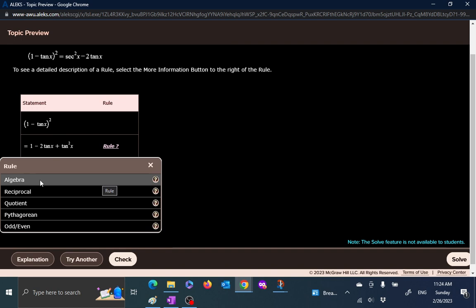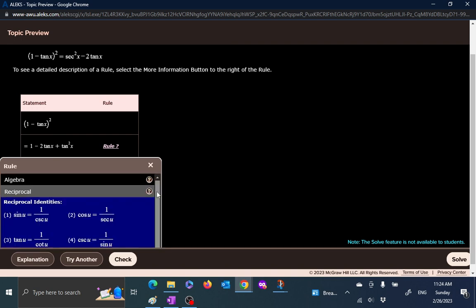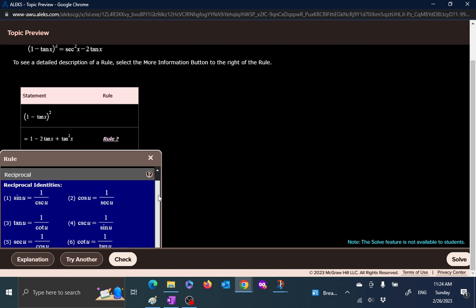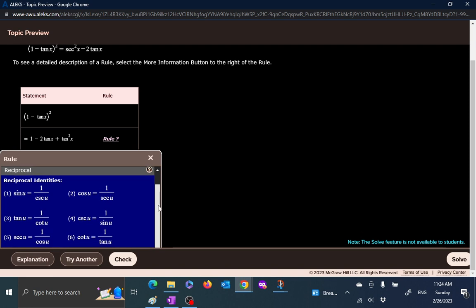Algebra simply means you are doing plain algebra, that what you are doing is not related to trigonometry. Reciprocal refers to reciprocal identities. These are the identities we had with the sine being reciprocal of cosecant, and cosine reciprocal of secant, tangent reciprocal of cotangent, and so on.